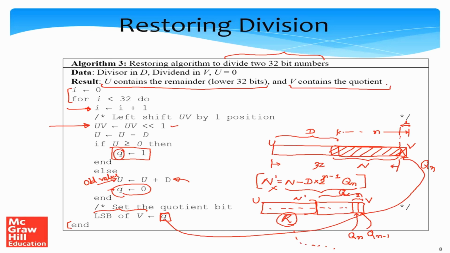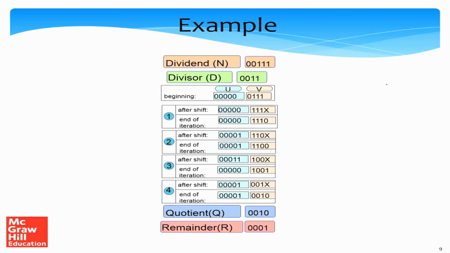Well, an example is worth 1,000 words, so let's do it in a proper way. Let us assume that we are trying to divide 7 by 3. So 7 is the dividend. Similar to multiplication, to avoid overflow issues, we consider a 5-bit dividend. So in this case, our dividend is 00111 and the divisor is d. So how do we start our algorithm?